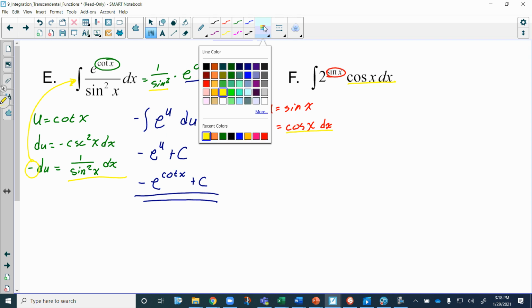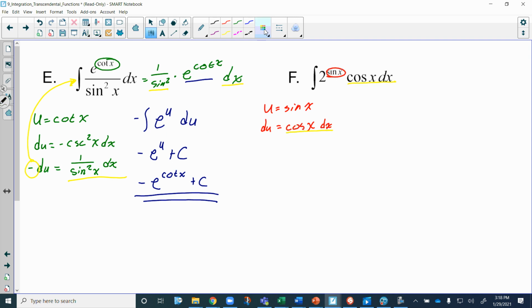So at this point, there's no constant that we need to work in front of the integral. In this case, we're going to have the integral of 2 to the u power du. Now this is where you may want to, if you're following along with the notes, go back to the beginning of the video and then jump back here. This is where we're looking at an exponential rule, where it's not e anymore.